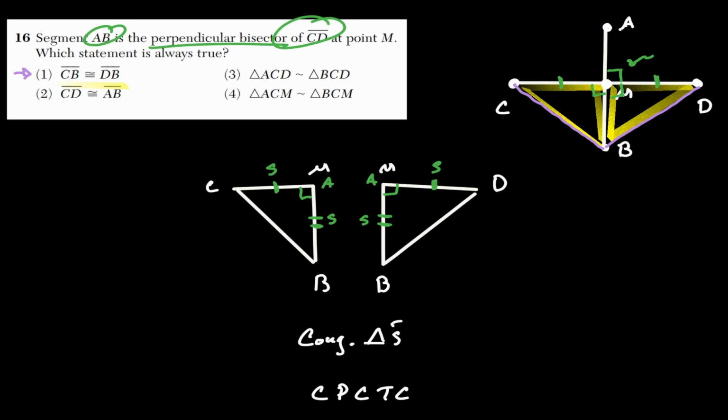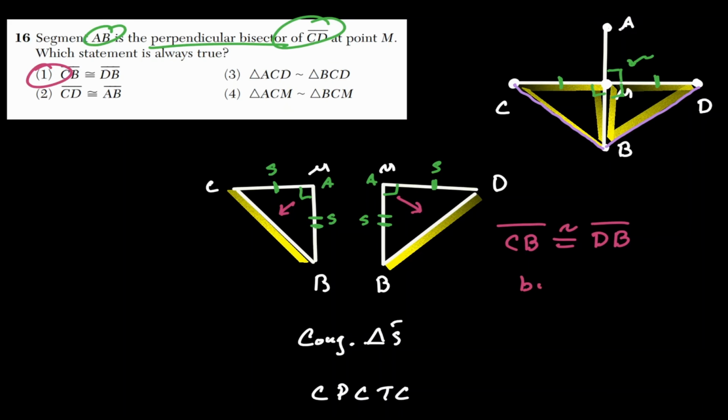The section of CB corresponds to the section of BD. They are opposite the angle of 90 degrees. So we are done. Option 1 is the correct option. CB is congruent to DB, and the reason behind it is because corresponding parts of congruent triangles are congruent.